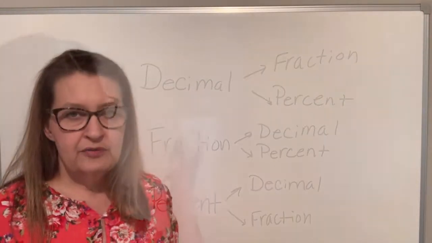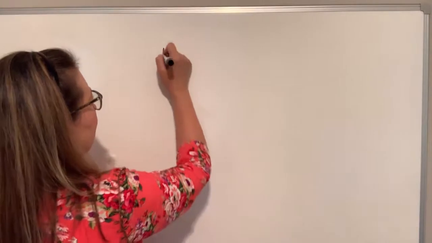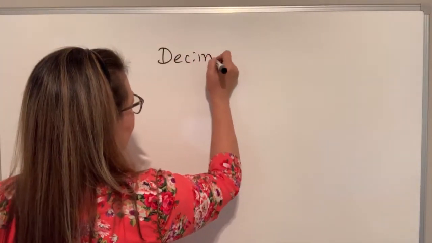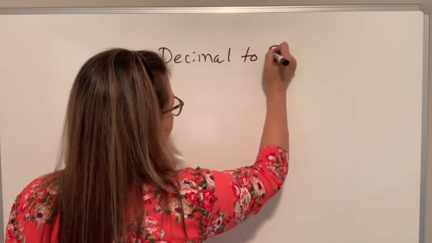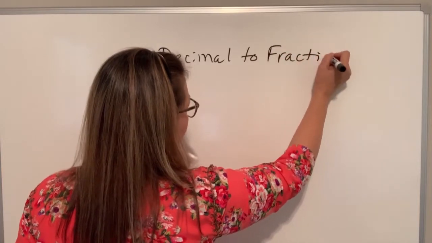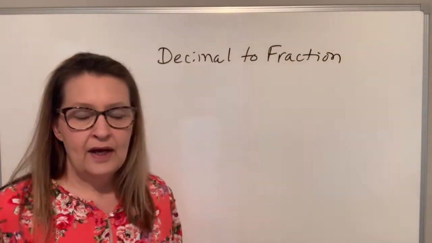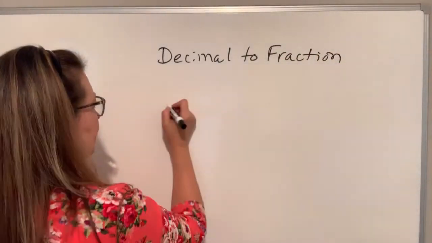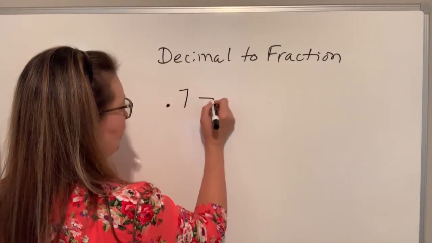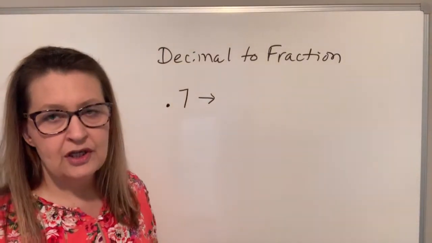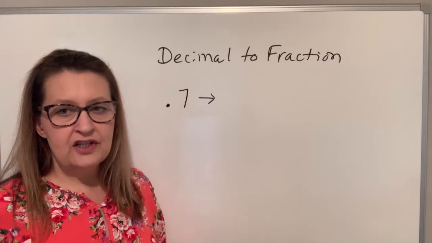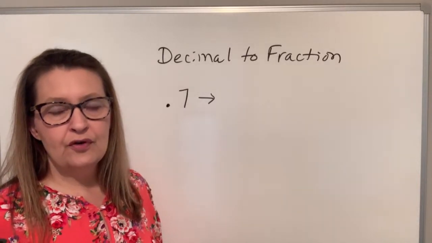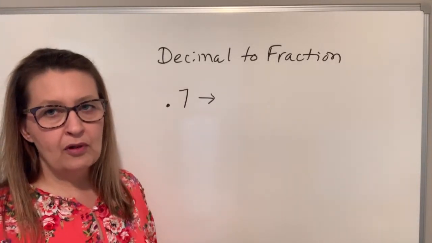First, we're going to go from decimal to fraction. Okay, let's just get a decimal. Let's say you have 0.7 and you want to change it to a fraction. The rule for changing decimal to fraction is you just put the number over a multiple of 10.